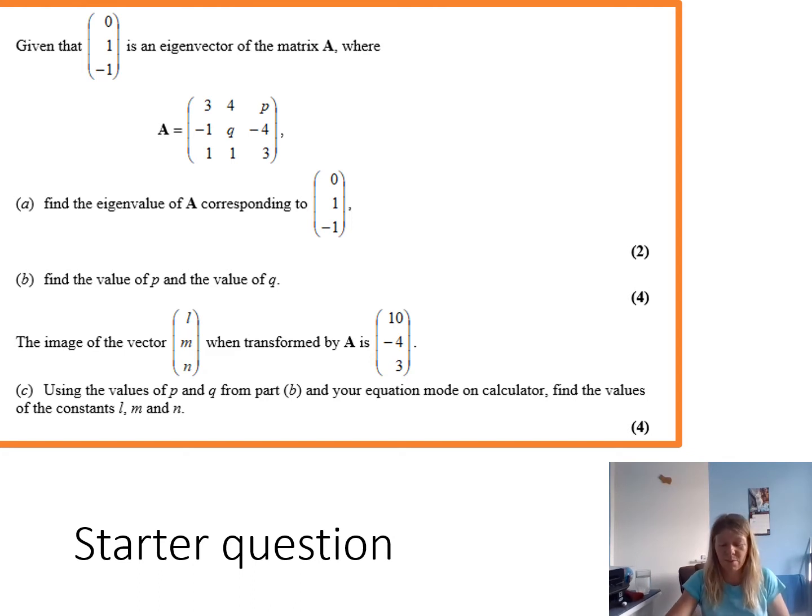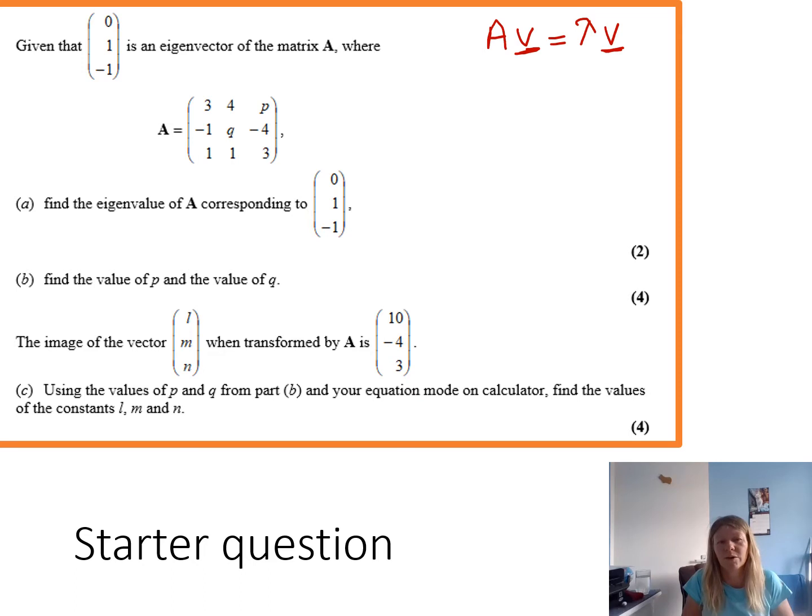So if you remember what we were talking about, because it's all linked in with what you did in invariant lines, invariant point stuff, but here's your matrix A. If you do this to an eigenvector, then it should stay the same or become multiplied by some constant, and that constant's called the eigenvalue afterwards.